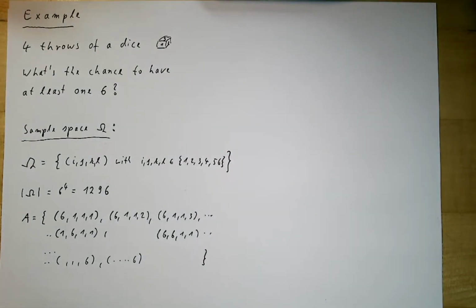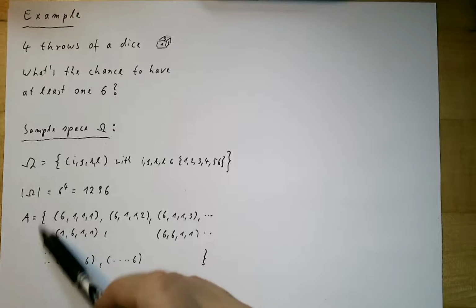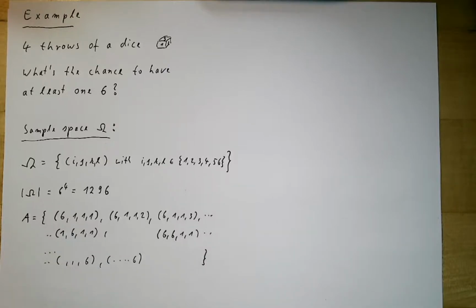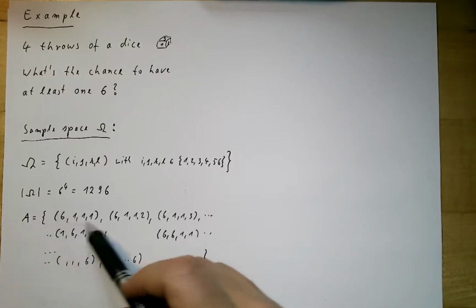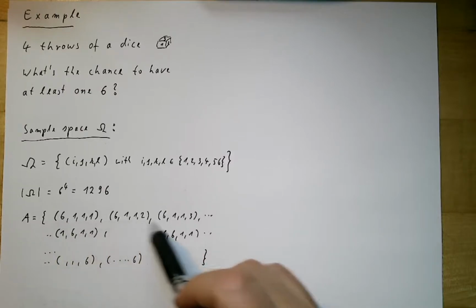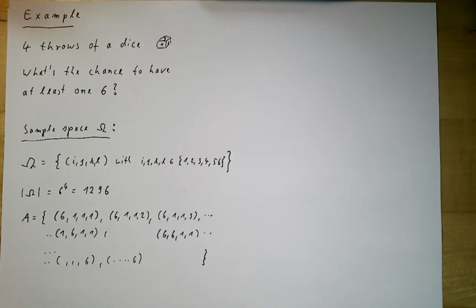And now the question is, what is the event A? That's again a set, the set of all outcomes where at least once a 6 is there. The recommendation would be, if you have to calculate probabilities and you're not really sure, try to figure out this set. You could start by just playing around and trying to write down all possible elements in the set.